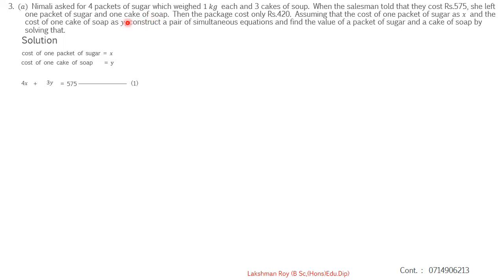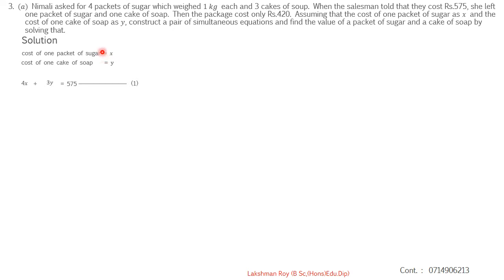Maybe she hasn't got enough money to pay. So 4 packets of sugar and 3 cakes of chalk cost 575 rupees, and she left 1 packet. So how many packets of sugar did she actually buy? 1 left, that means 3 packets of sugar.